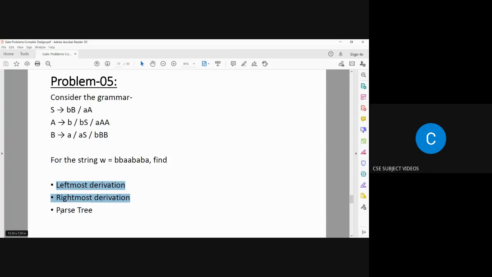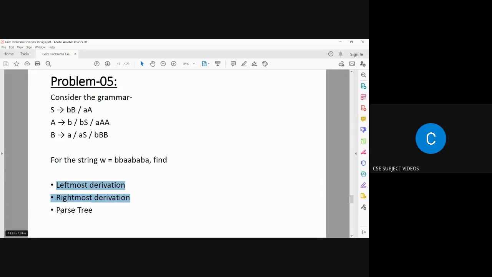And the geometrical representation of leftmost derivation is called a leftmost derivation tree.